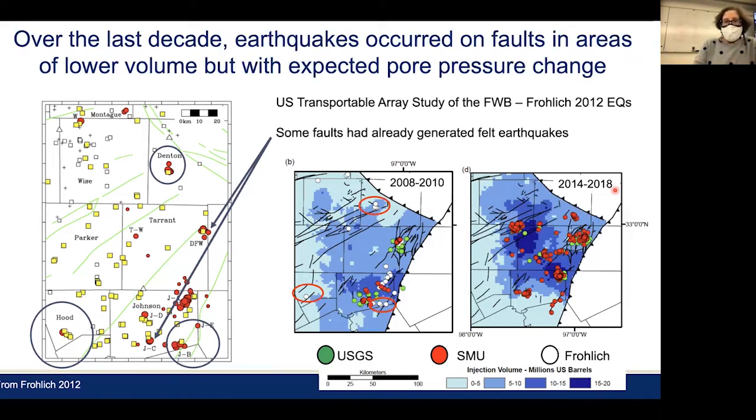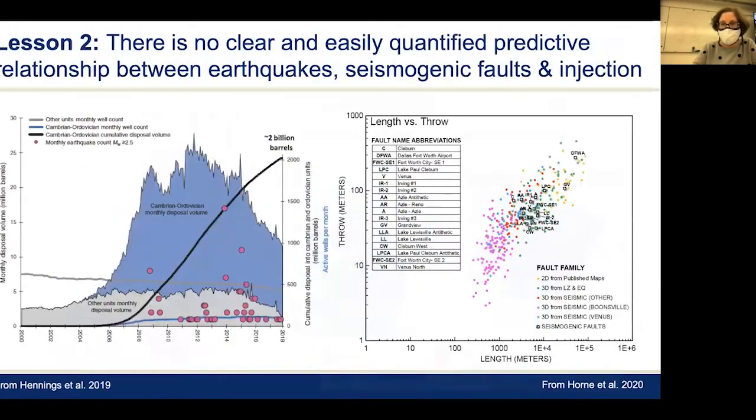All right, so over the last decade, the seismicity has migrated away from the high volume injection wells, but you have to understand that the pore pressure change and the poroelastic change is just going to continue to migrate away from all of the injectors, not just an individual injector.